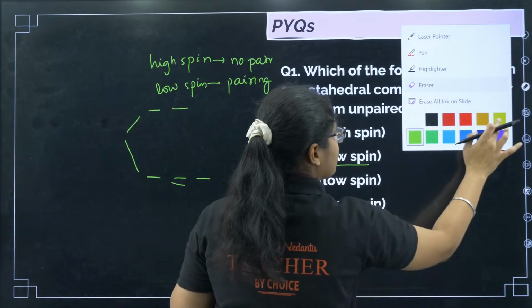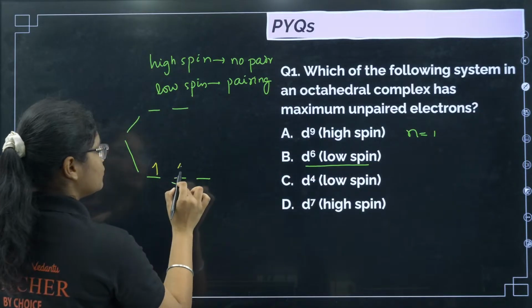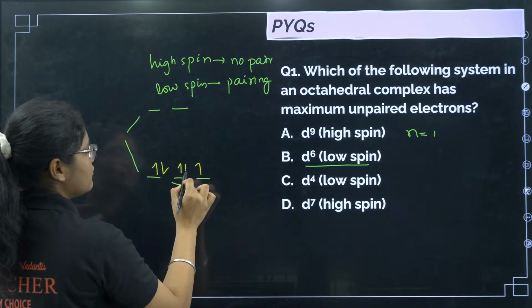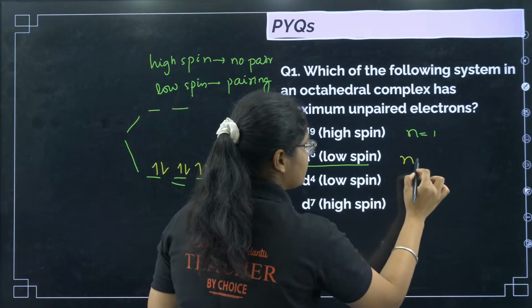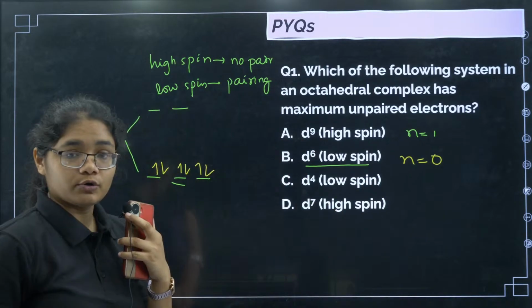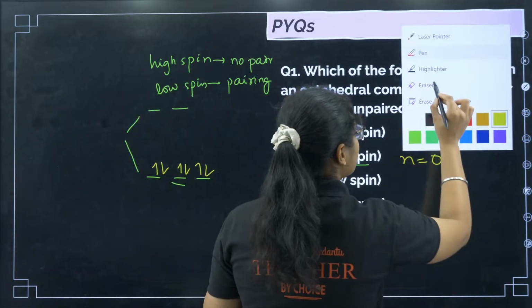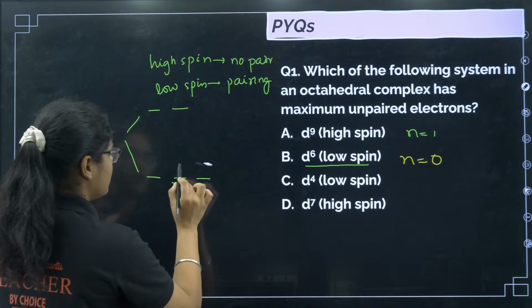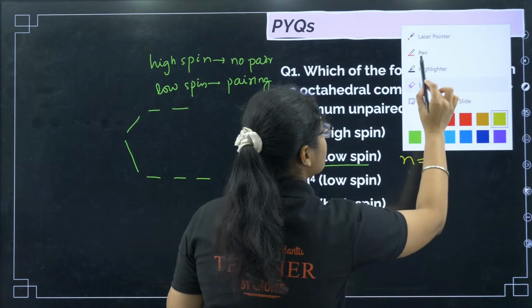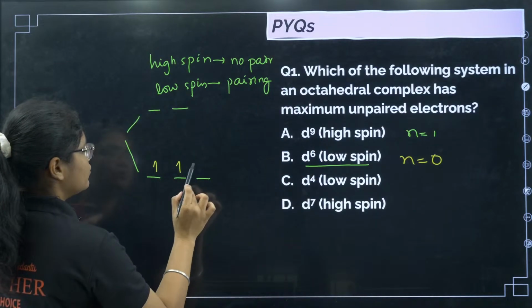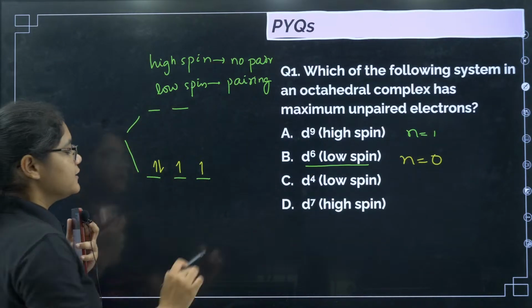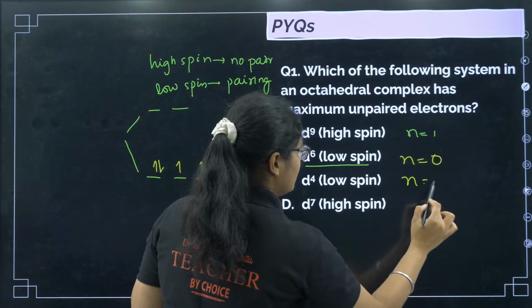So if I do pairing of electrons, 6 electrons, 1, 2, 3, pairing will take place, 4, 5, 6. So here unpaired electrons is 0. d4 low spin. Again we have to do pairing of electrons. d4 low spin, 1, 2, 3 and 4. So the number of unpaired electrons here is 2.